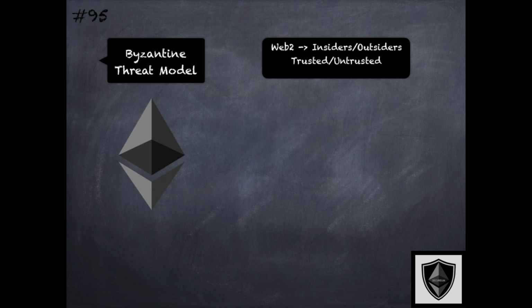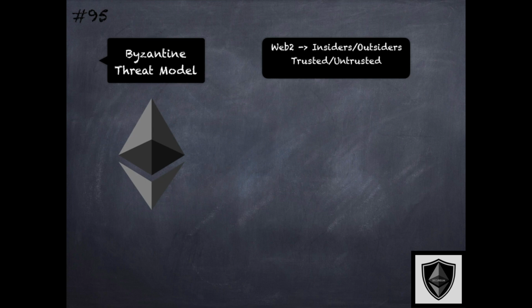Let's step back and look at the Web2 space. Right? Web2 has very defined concepts of trusted insiders and untrusted outsiders. Right? And some of this has changed over the years because there is obviously a huge aspect of insider threat that has been recognized in the Web2 system as well.